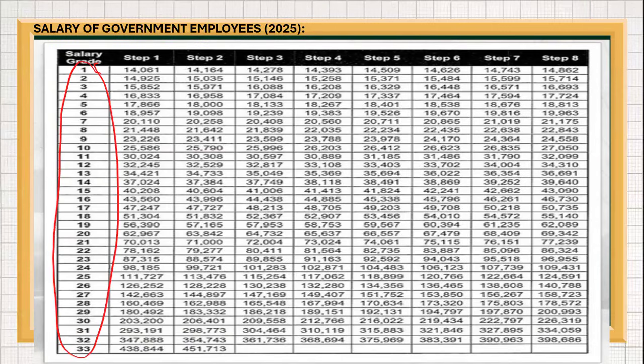And every 3 years, they step into higher positions. Okay? So there is a step 1, step 2, step 3 every 3 years in government service. But you could step across, and you could step also from one salary grade to another salary grade.